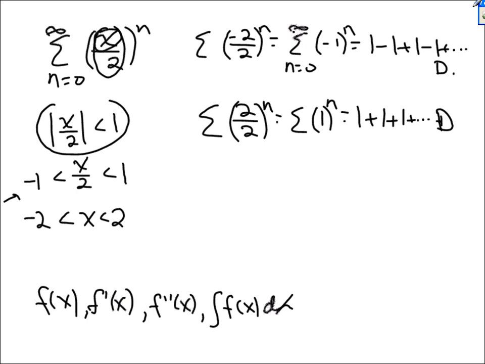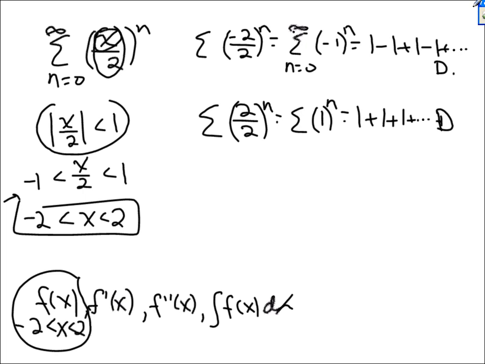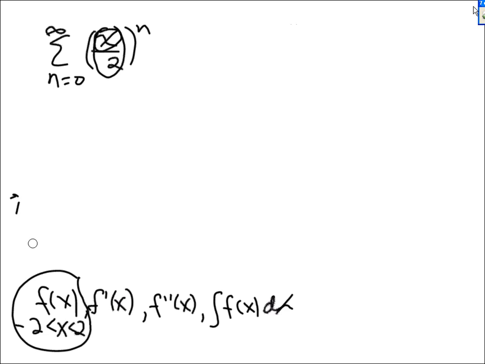I don't have to modify it. There it is. Negative 2 to 2. There's my answer. Now, let's look at the derivative. Would the derivative converge? And if so, where? Does it converge at the endpoints? You have to check the endpoints.